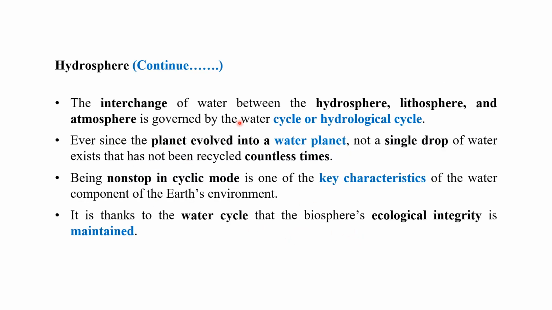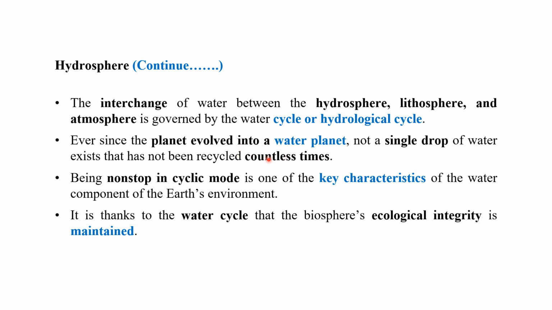The interchange of water between the hydrosphere, lithosphere, and atmosphere is governed by the water cycle, which is also called the hydrologic cycle. It says that ever since the planet evolved into a water planet, not a single drop of water exists that has not been recycled countless times.